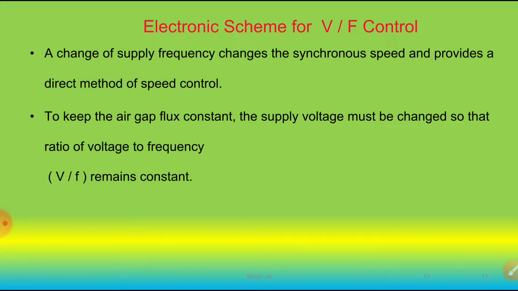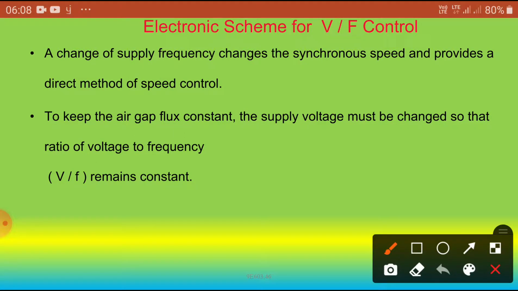To keep the air gap flux constant, what is the need to change the two variables? Here, the air gap flux to be kept constant is 1.5 times the flux produced by each phase. So phi r is equal to that. Each phase, R phase, Y phase, B phase, is producing the maximum flux.